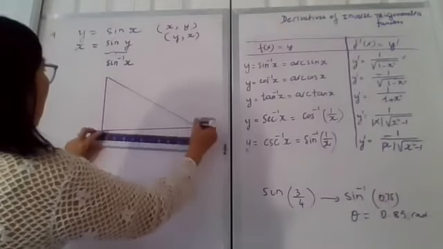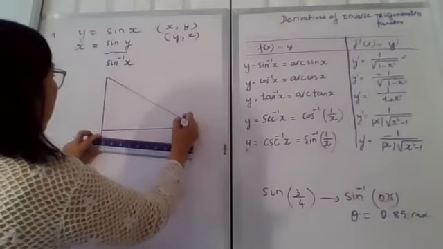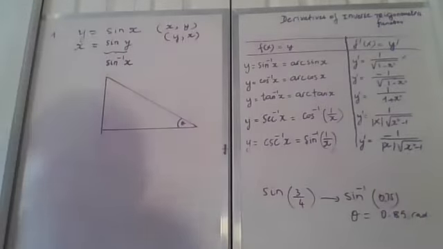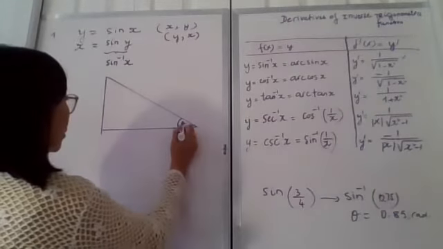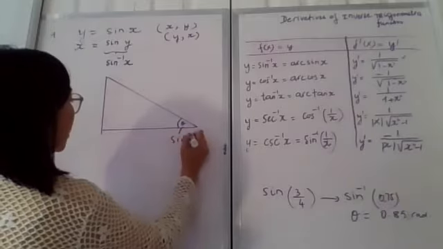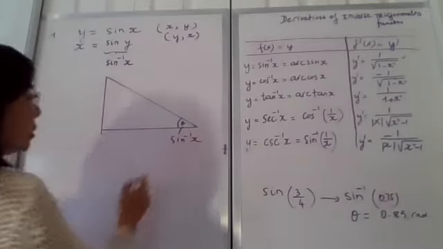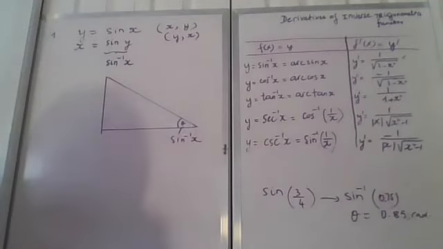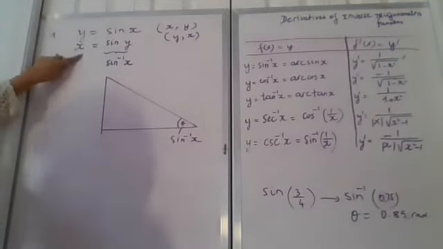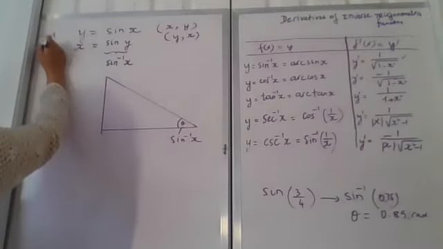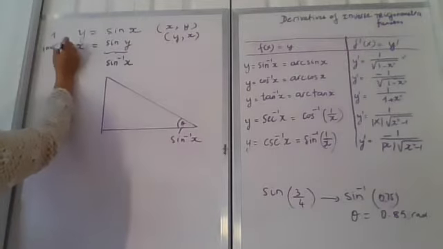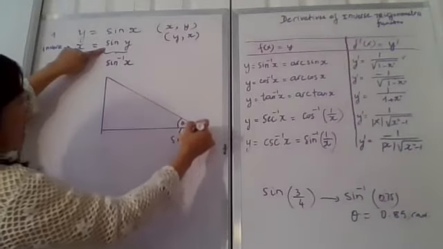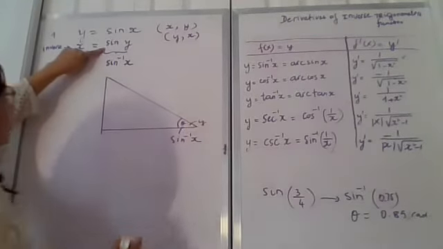Now this angle is the angle theta, right? Which is the same as sine minus 1 on top, right? This is the angle. Remember, this notation is the angle, right? So now we look at the inverse function here, right? This is the inverse. So this angle is the same as angle y actually, right?